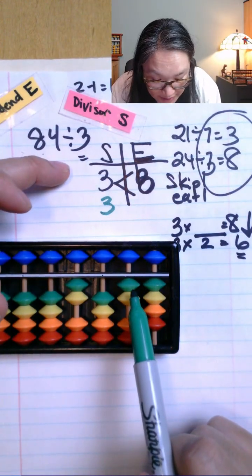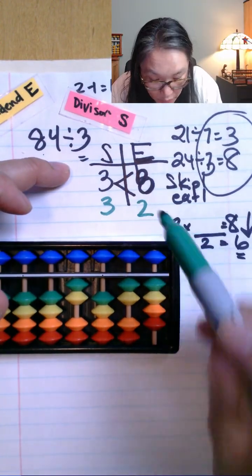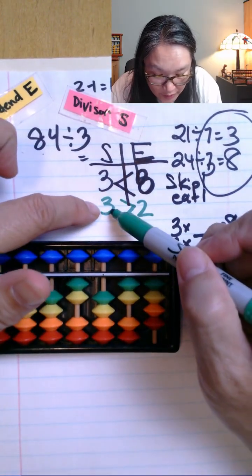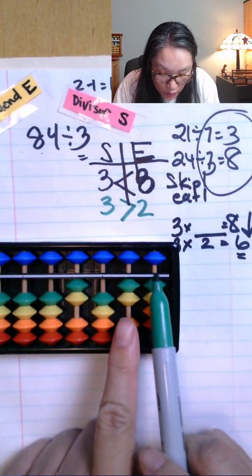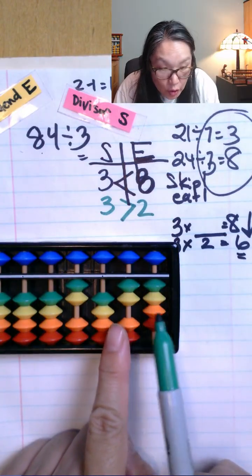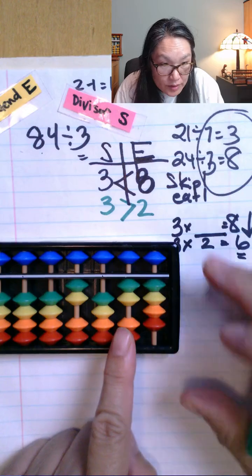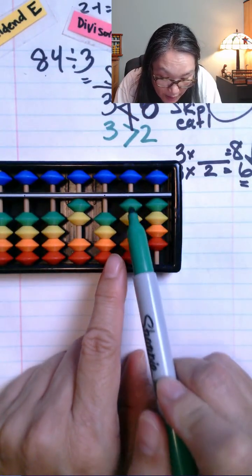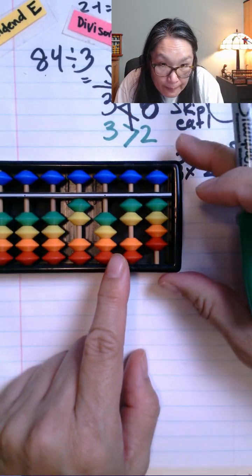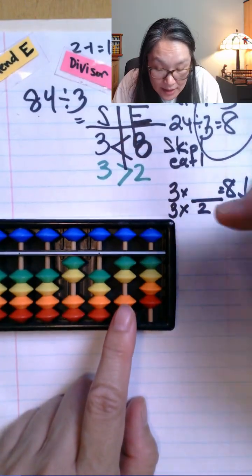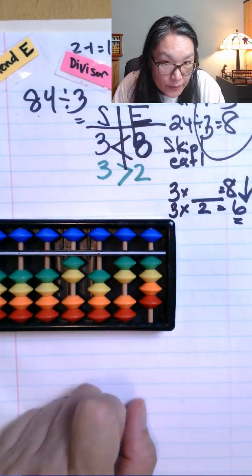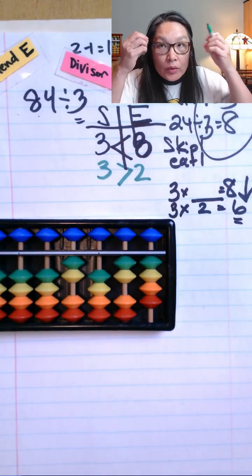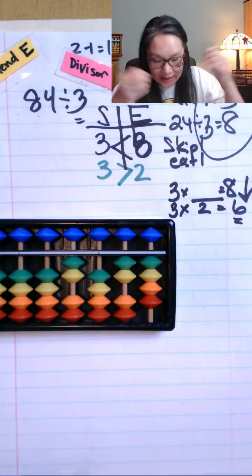So if our dividend is 2, who is bigger? Our divisor is bigger. When our divisor is bigger, we have to actually find out 2 digits, 2 columns. So now we're going to take 2 columns and we're going to divide it, because our divisor is bigger. This is the conversation we're having with our question with the abacus.